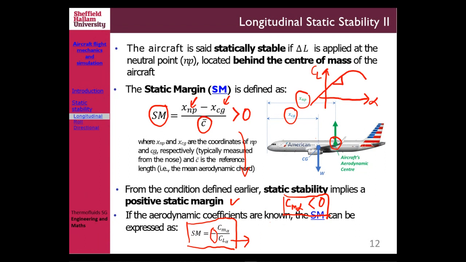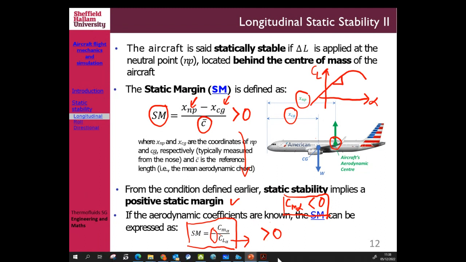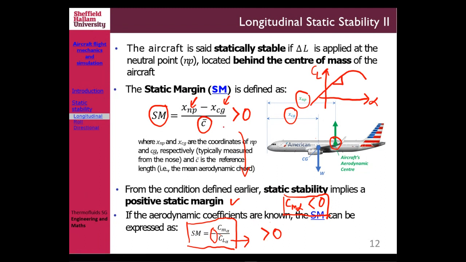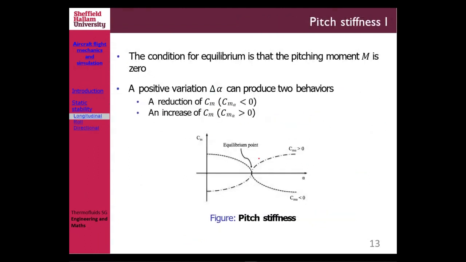It will not look different, right? So CL alpha is always positive, and Cm alpha is always negative. So the static margin is minus Cm alpha divided by CL alpha. That should always be positive, right, based on our definitions here, if your aircraft needs to be considered statically stable.